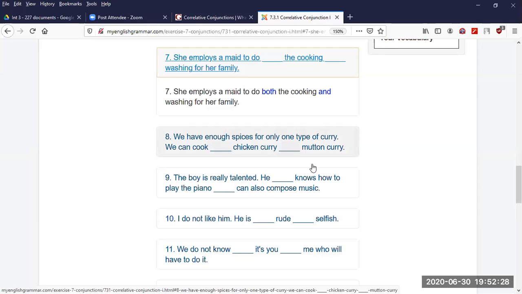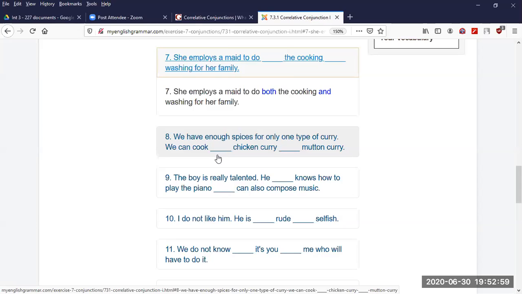So one type of curry, we can cook chicken curry, or we can cook mutton curry. So we're going to use or. So we can cook what?